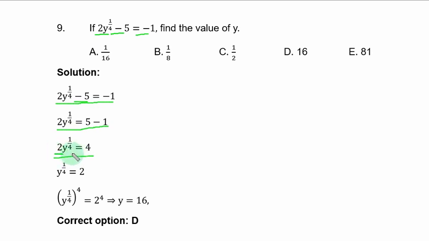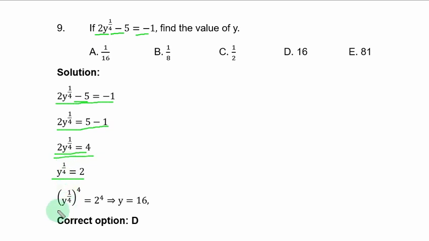If you divide through by 2, you have y power 1 over 4 is equal to 2. Now, to remove the power of 1 over 4, which means fourth root of y, you need to take the power of 4. You need to apply power of 4 to both sides in order to remove the fourth root.